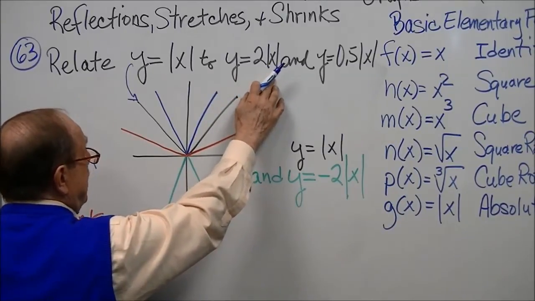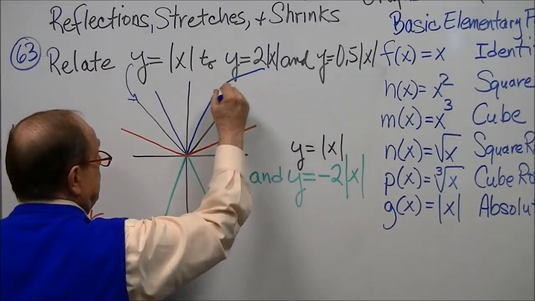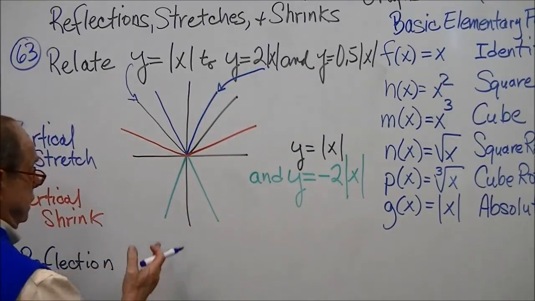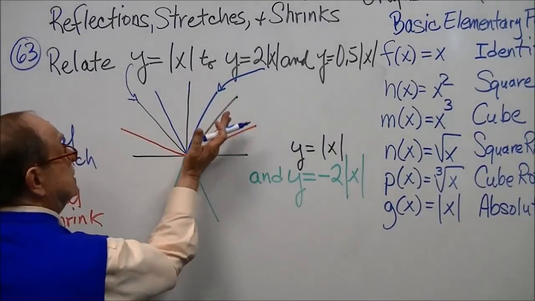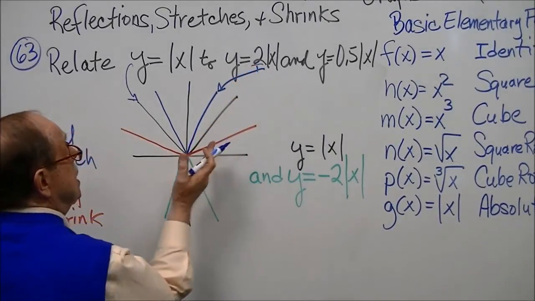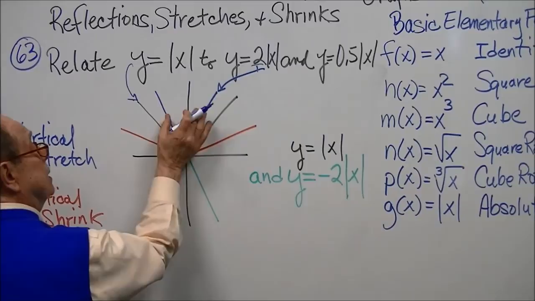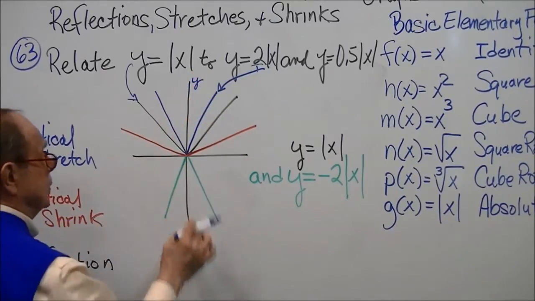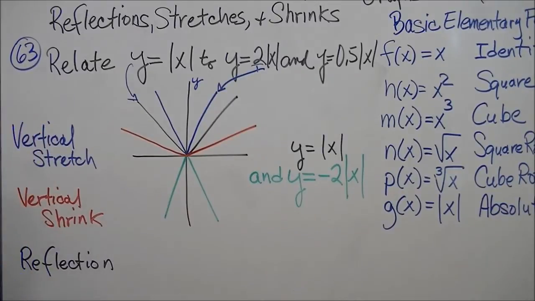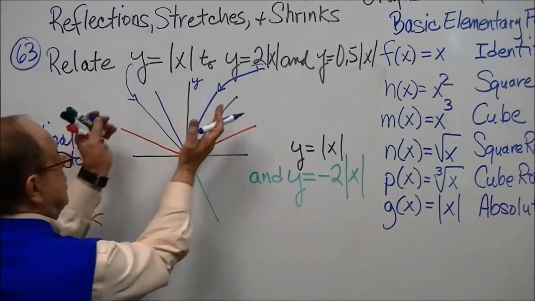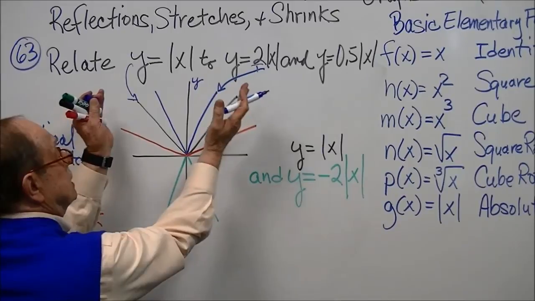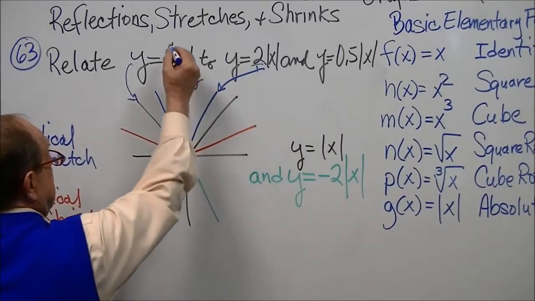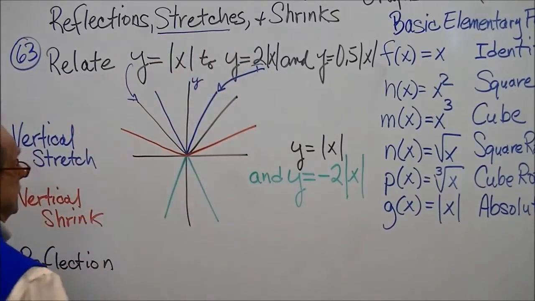Now when we plot that, we actually get this line, that our slope is actually 2/1, so we're going a little closer to the y-axis here. So what did we do there? Well, when we go from this position to a little tighter position, we call that a stretch.